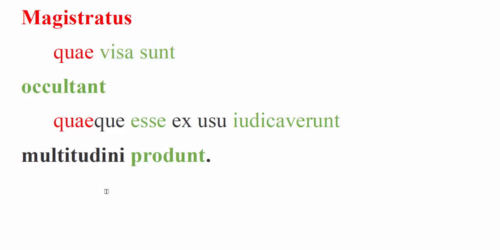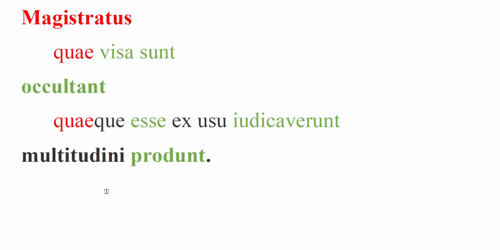So the magistrates, the elected officials, will conceal things which seem best to conceal, is what we have to fill in the rest with, and the things which they, the magistratus, because this is a plural subject, obviously, with these plural verbs, the things which they judge to be of use. Here's, again, esse with usu, just used differently here, in this case in the prepositional phrase. The things which they judge to be of use, they will share, we would say with the crowd, but Latin, of course, has to use the dative, indirect object. They will proffer up to the crowd. They will share to the multitude.